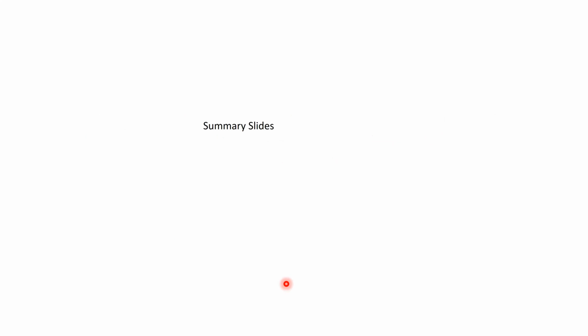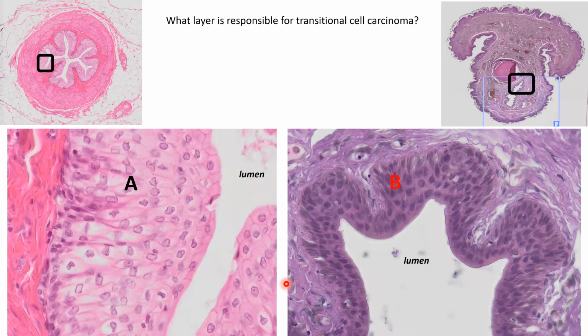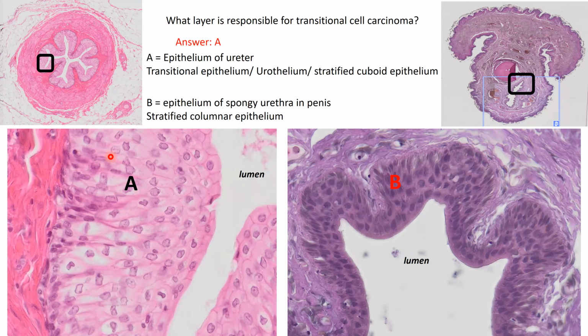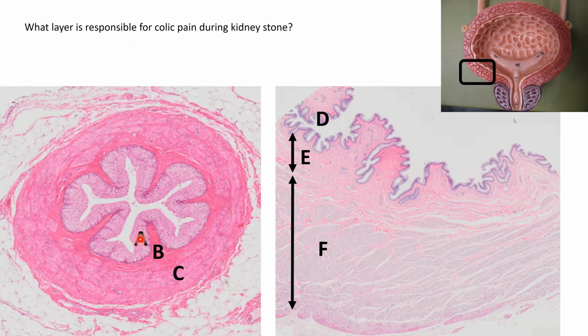Okay, so these are your summary slides that you can practice a couple of questions with. About transitional cell carcinoma, the answer is obviously A. Wherever you see transitional epithelium, that's where it is coming from. The next one: where is the colic pain from a kidney stone coming from, the ureter smooth muscle or the detrusor muscle?